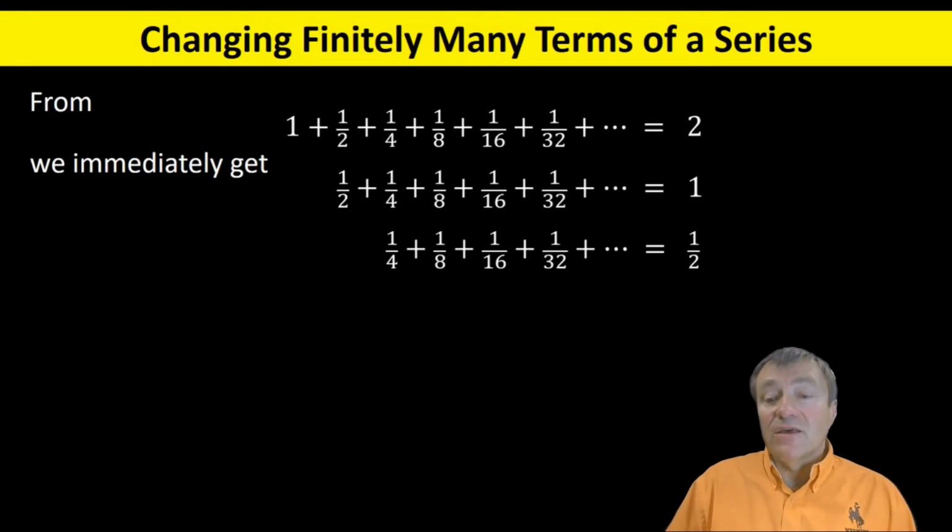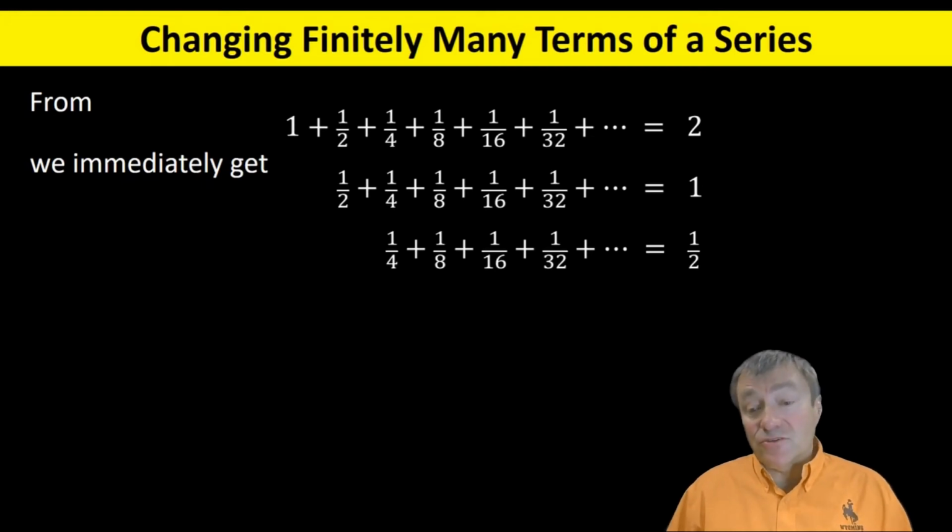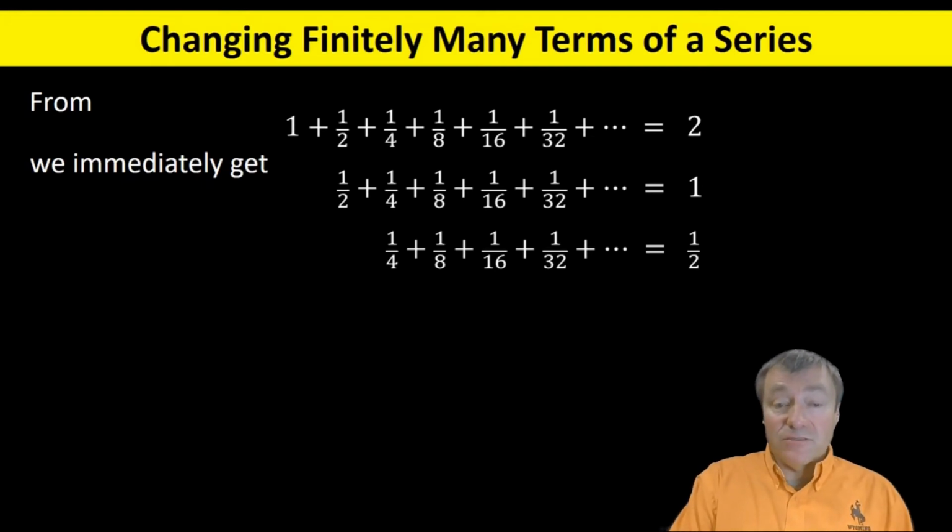If we do that, we'll change the limit by a predictable amount, but will not change whether or not the series converges. If you insert or delete a finite number of terms to a series, the new series will still converge if and only if the original series converges. Of course, you also change the limit in the process.